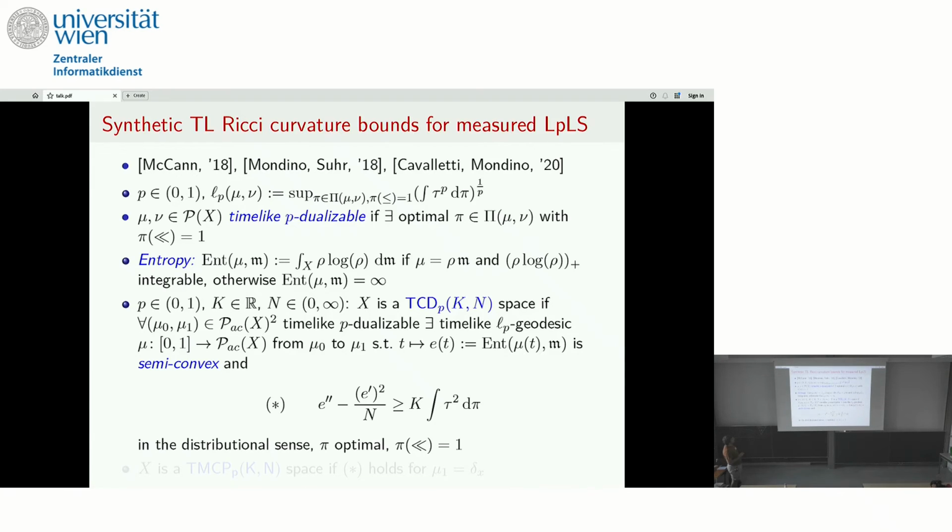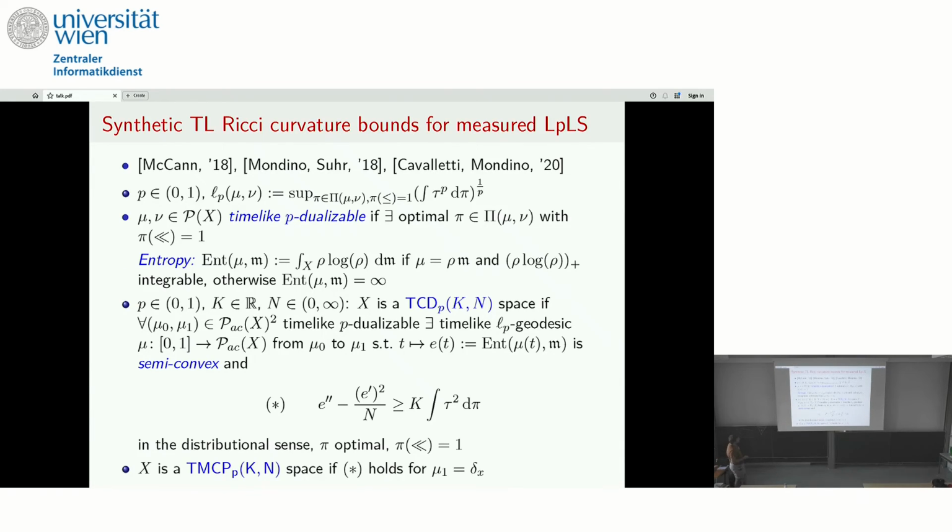So a geodesic with respect to this Lorentzian-Wasserstein distance, meaning it maximizes the distance between points on this curve, such that the entropy is semi-convex and satisfies this inequality in the distributional sense, where pi is now an optimal coupling which gives full measure to the time-like relation.